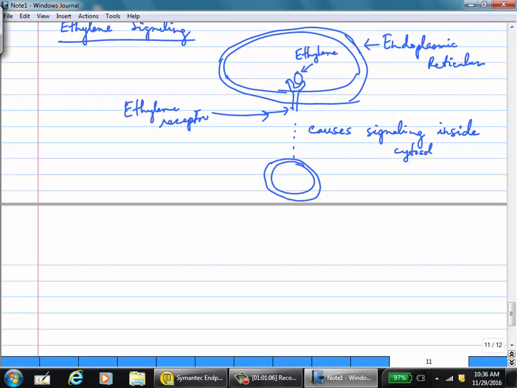The net result is that some molecule is released to go through the nuclear envelope. Now the molecule that goes in is going to release some brake on the synthesis of ethylene's response genes.